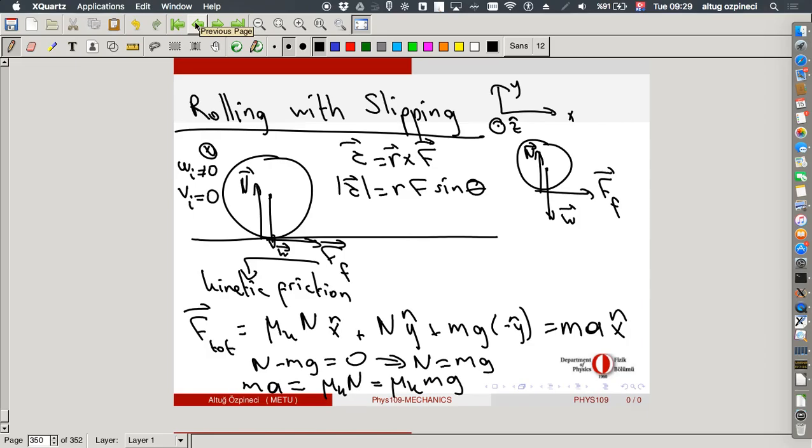Now, any questions? No, not even static friction. Why should there be? Because you see, static friction arises only if you have two surfaces that try to slide on top of each other.